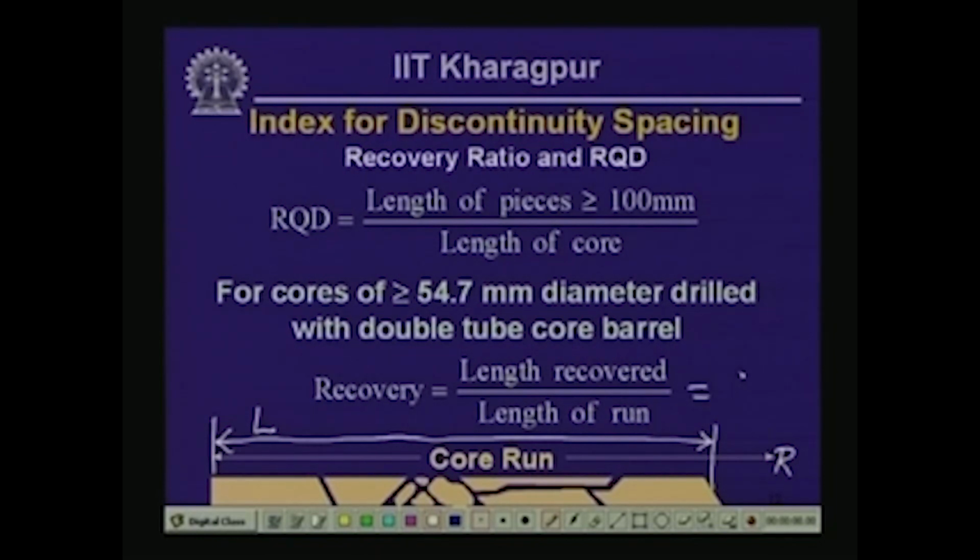So, recovery here is going to be given by L over R, and this in turn is going to be expressed by percentage. So, we are going to multiply L by R by 100 and express core recovery by percentage.